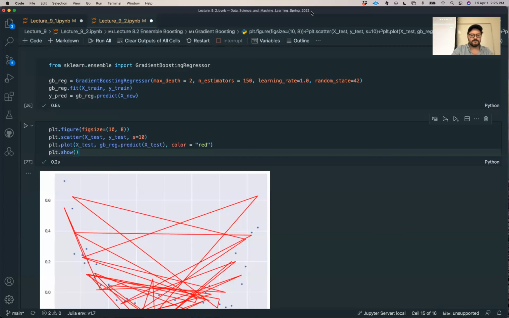For x comma y. Let me just get rid of this. Okay, so then dot sort equals lambda x 0.